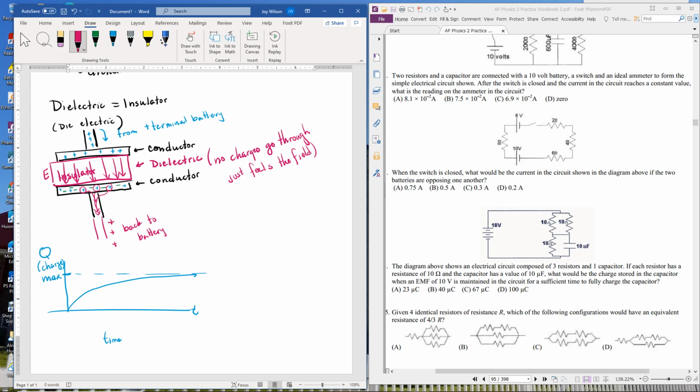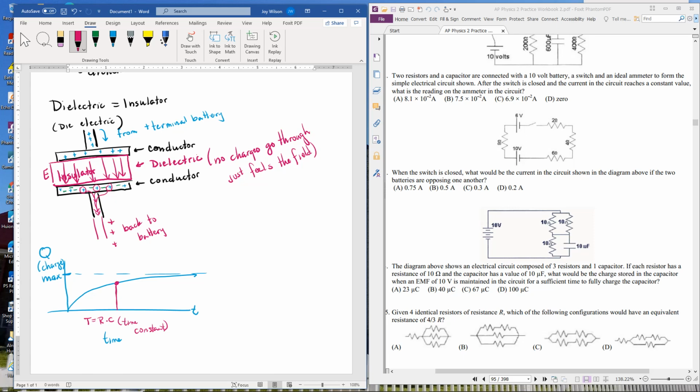So we consider there's a moment in here where time equals resistance times capacitance, and we call that the time constant. And that's the moment at which you go from gaining really rapidly to gaining really slowly.